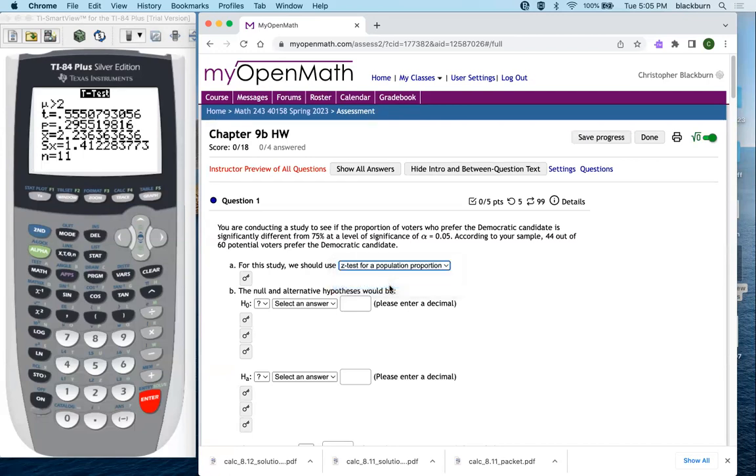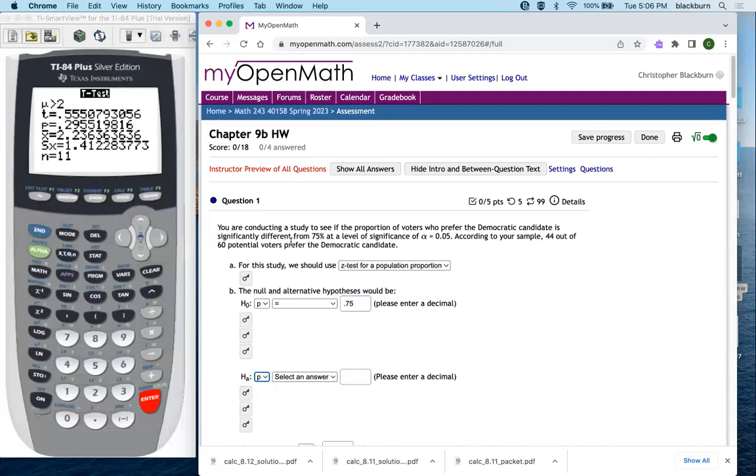The first one is going to be a z-test. We use the z-test for population proportion. All right, so the null, in this whole section, we're talking about the p, the sample proportion. So is p equal to 0.75, or is p different from it?